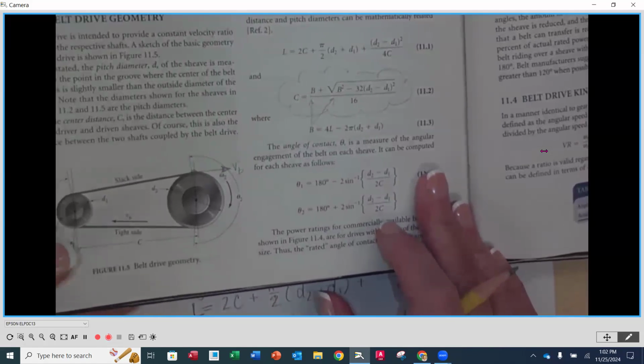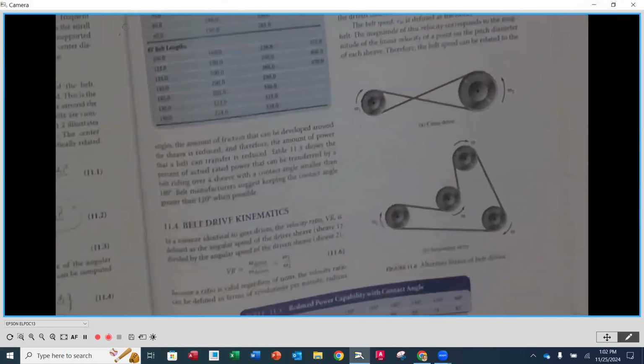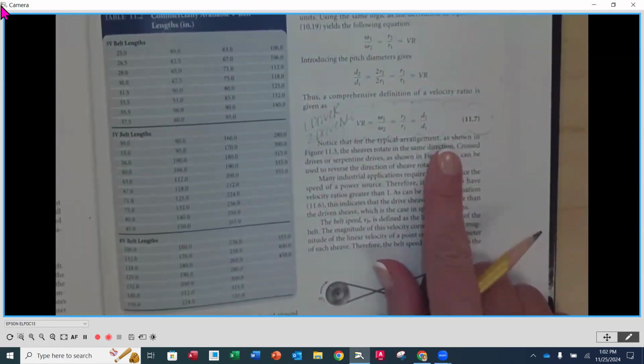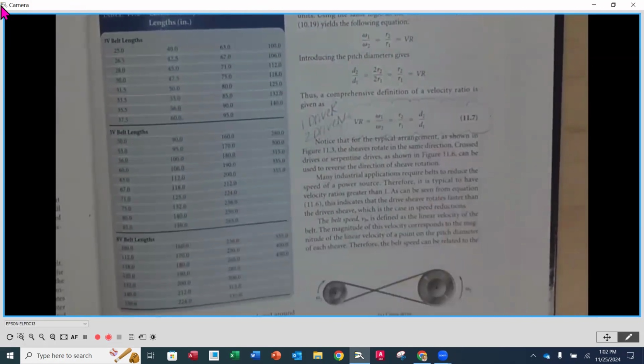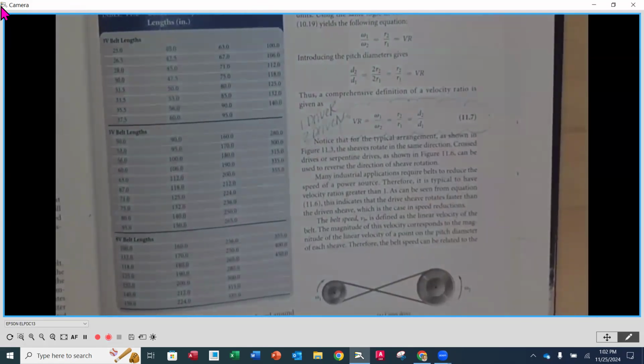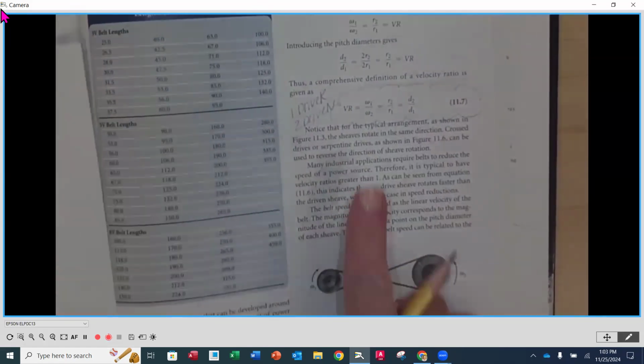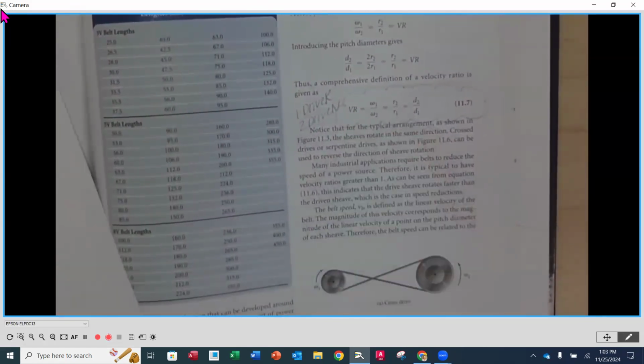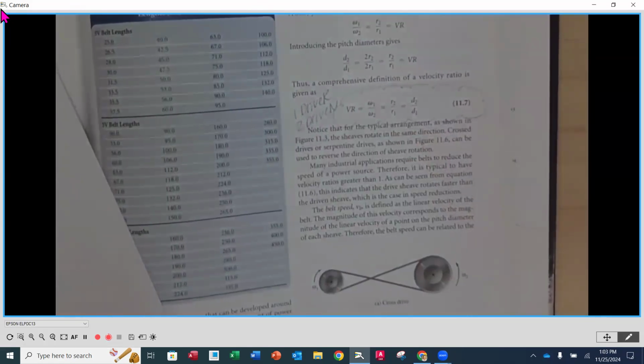Okay. Then the next equations that I'm going to add, and I'm going to go up here to equation 11.7. This is going to be the velocity ratio between the driver and the driven sheave, or pulley. So you want to write down these variations on the velocity ratio.